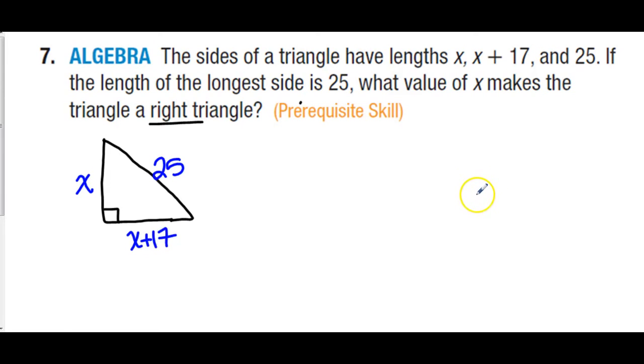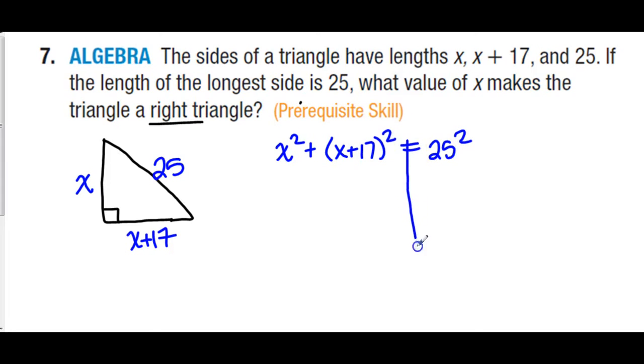When I have 3 lengths, for this to be a right triangle, it must satisfy the Pythagorean theorem. So we can figure this out. We're going to do x squared plus x plus 17 squared, and this must equal 25 squared. Line down the equal sign, and let's do it.